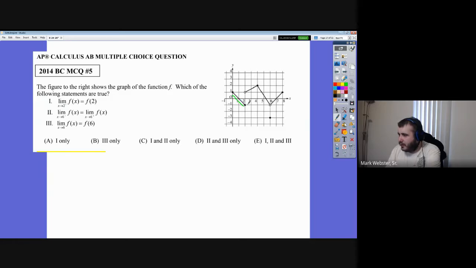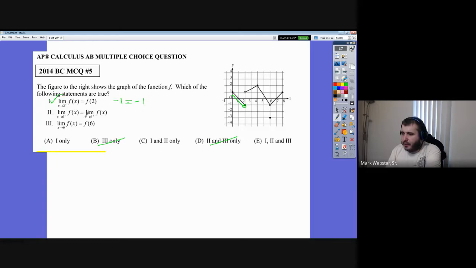Coming down here, the limit here, we get -1. What is f at 2? Well, it's also -1, the solid circle right here. Hey, this one is true. So automatically that means anyone that doesn't contain 1 as an answer, we can get rid of.